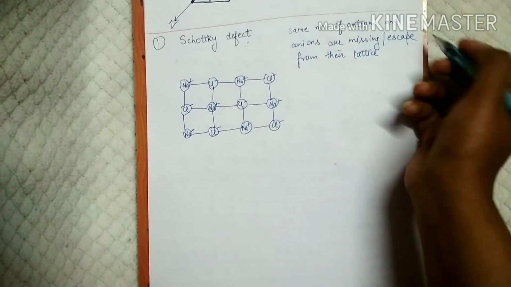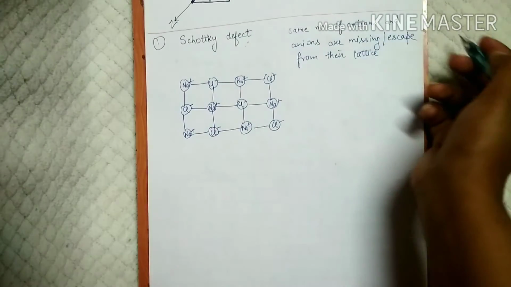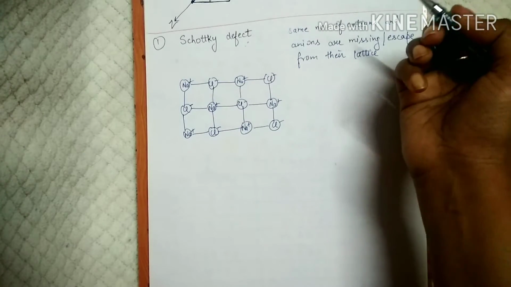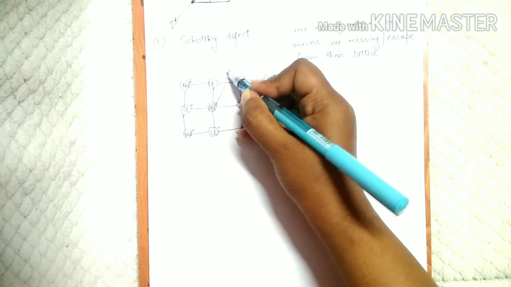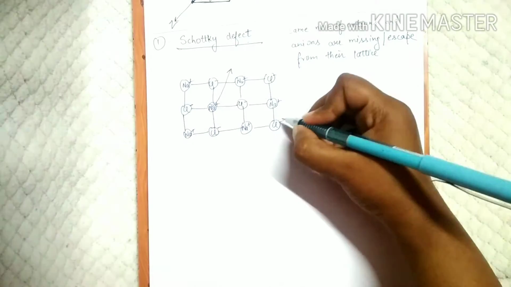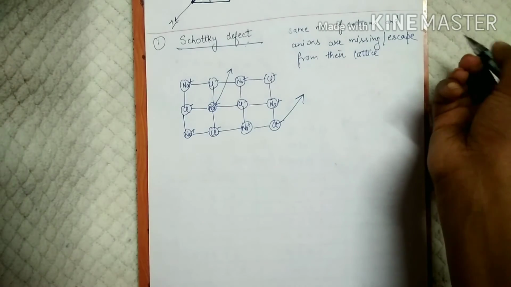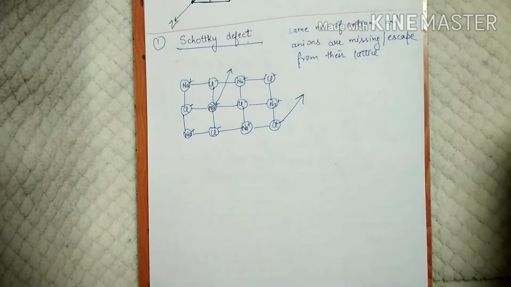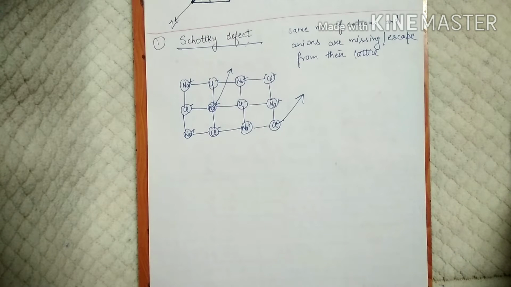This is a type of crystal lattice of NaCl. So what happens? An equal number of cations and anions escape. Suppose one Na positive is escaping from this crystal, so one Cl negative will also be escaping. So an equal number of cations and anions are missing from the crystal structure, and this type of defect is called a Schottky defect.